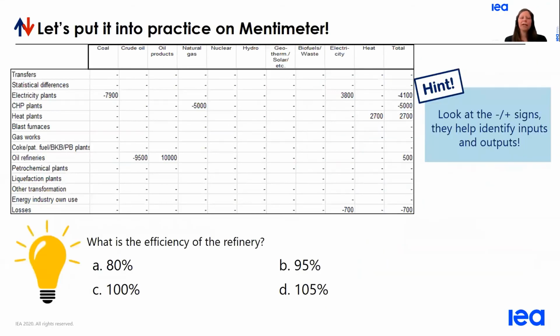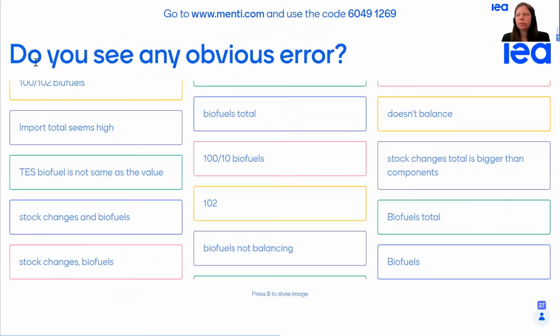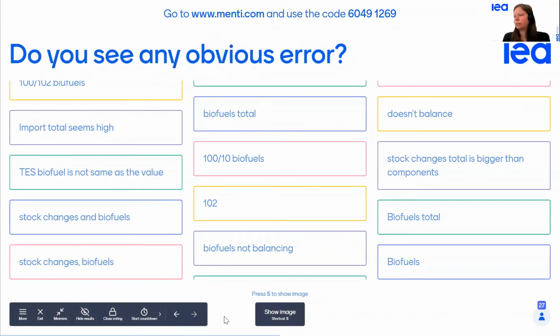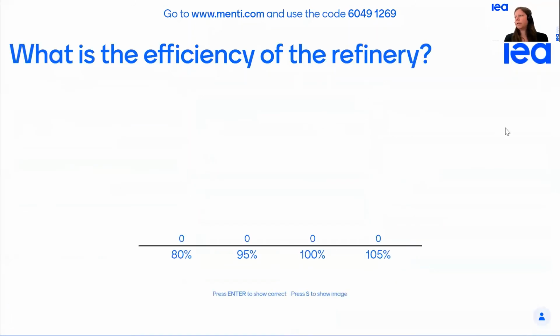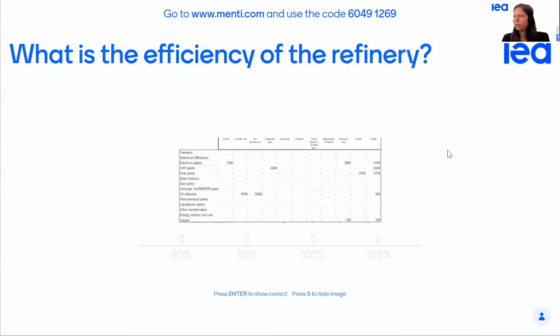Let's put this into practice and go back to our Mentimeter. So the question is, what is the efficiency of the refinery? I'll show you the image for a while. So you have here an extract of the energy balance where we only see the transformation sector.